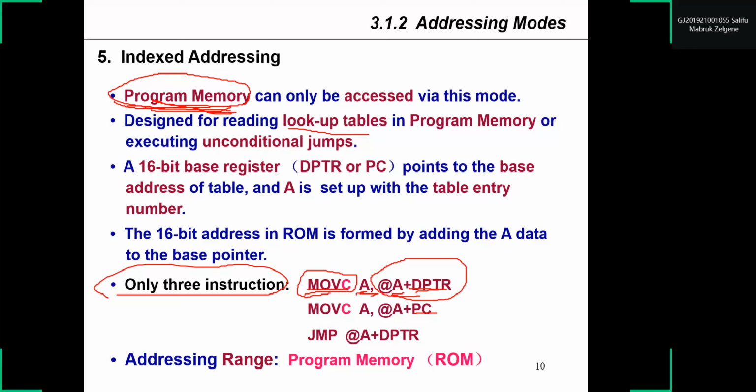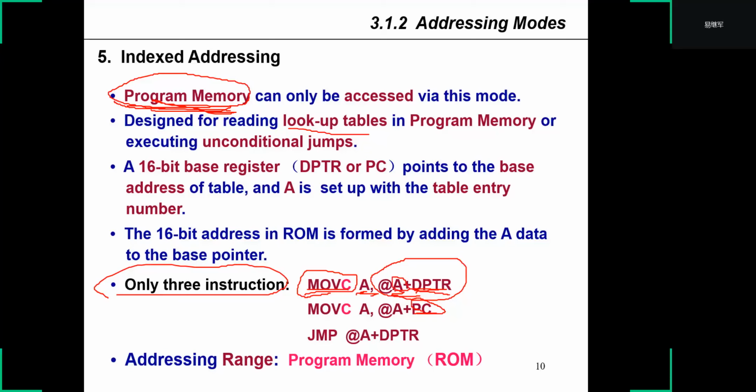But Laoshi, when we find the value of A in the DPTR, because of the @ sign, which addressing is that? DPTR or PC points to the address of the table, and A points to the offset of the table.